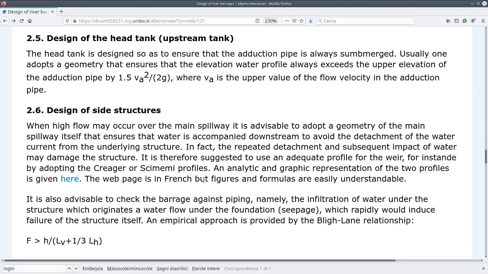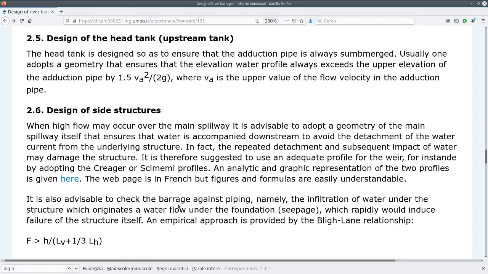I think you may have already discussed piping in other courses like geotechnics, but I just want to very briefly mention it to you. What is piping? Piping is infiltration of water under the structure, which originates a water flow under the foundation. And this is very dangerous because piping increases progressively.